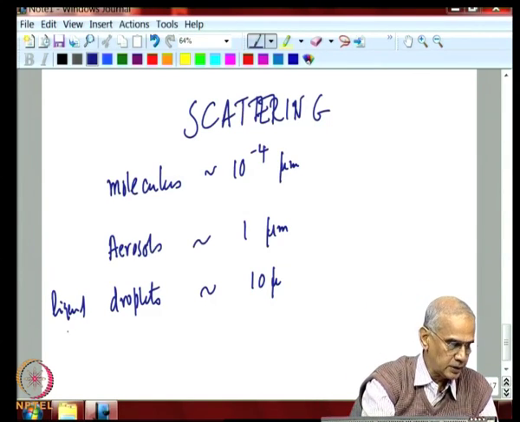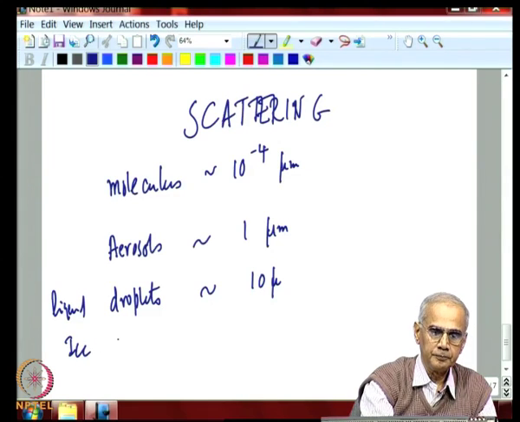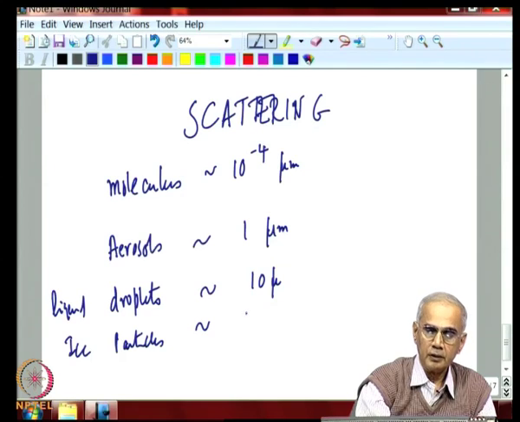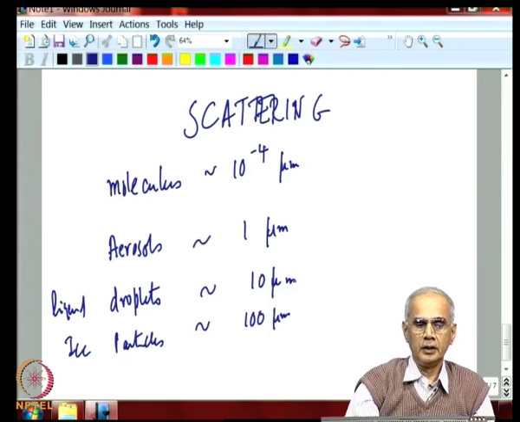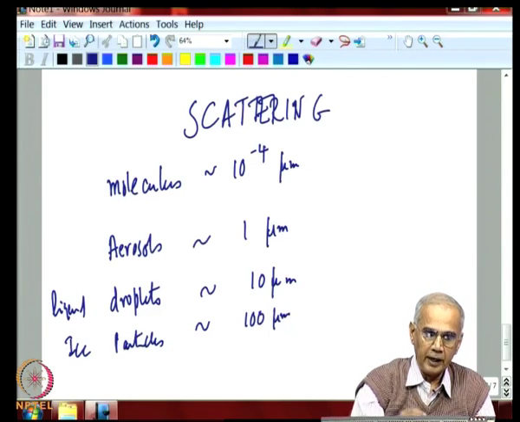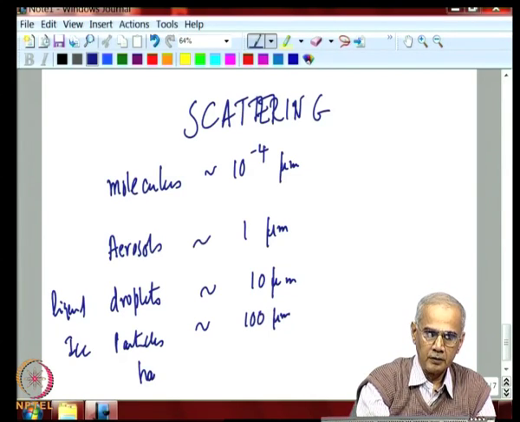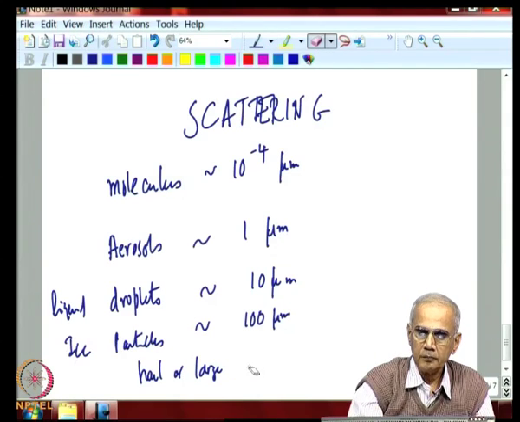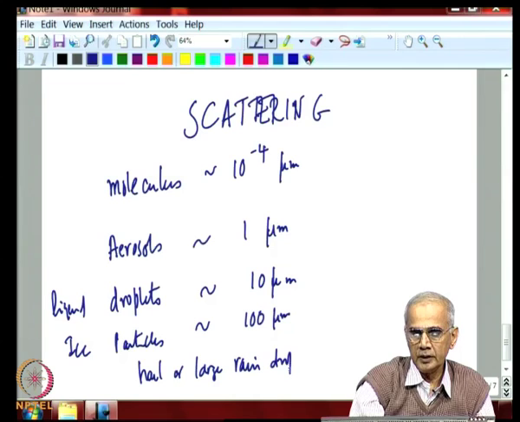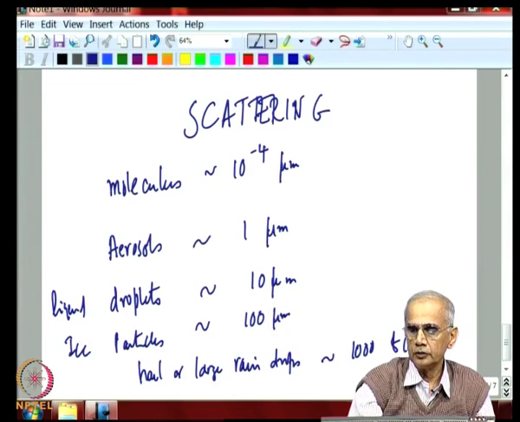And then you come to ice particles. They can be of even larger dimensions than the droplets. And finally, we have hail or large raindrops. And these can easily reach the dimension of the order of 1000 to 10,000 micron.